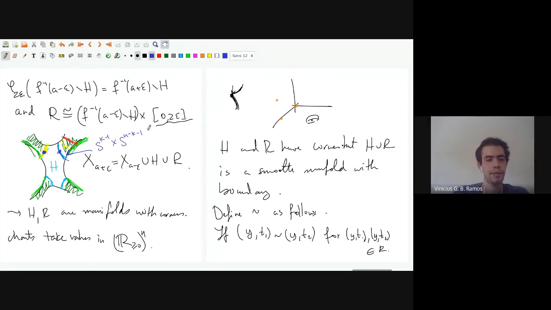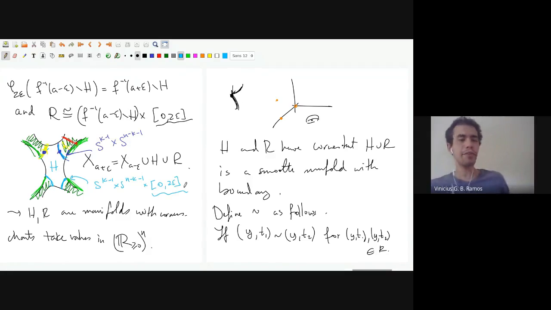So this light blue part is actually an S^(k-1) times an S^(n-k-1) times some interval 0 to epsilon. And again, I'm squishing the same interval 0 to epsilon. But again, one more time, if this is a little confusing, you can just take the picture that I'm giving you, which is the case k equals 1 and n equals 2.